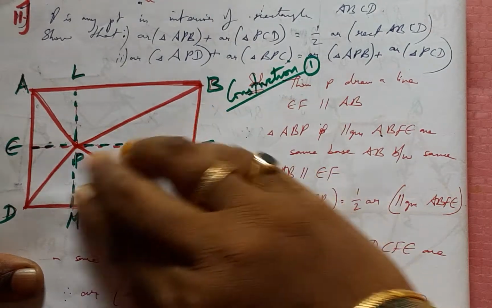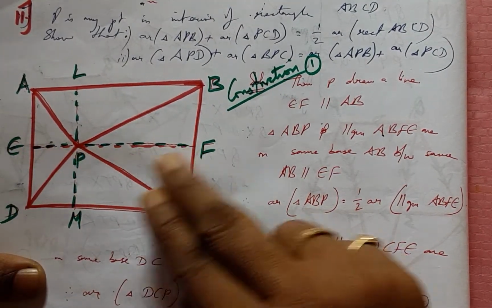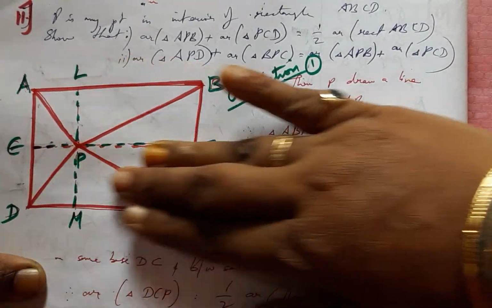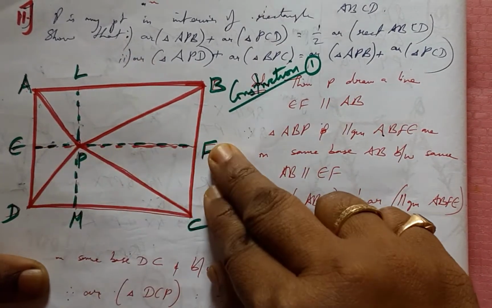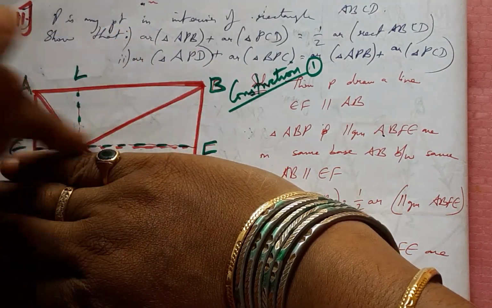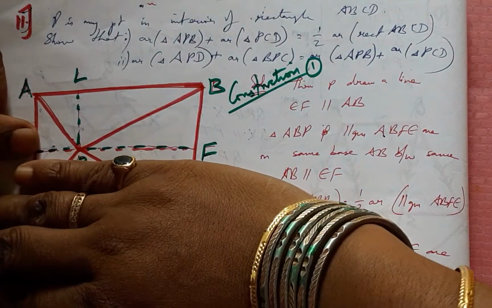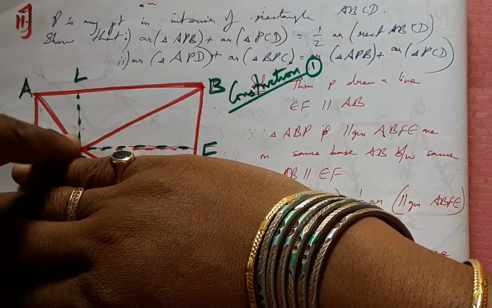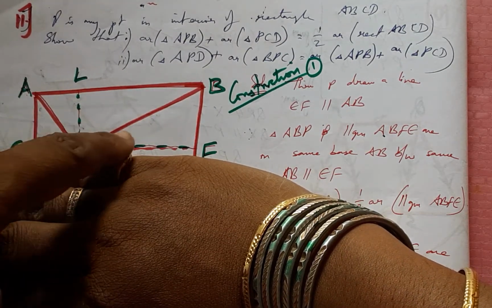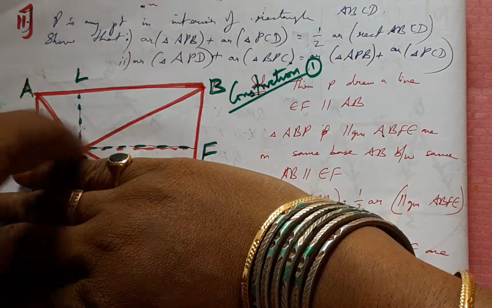Now by construction we draw a line here, EF, parallel to AB as well as DC, just drawing a construction EF. By that we have a parallelogram here and a parallelogram here, two rectangles, and now I am dealing with this rectangle and this triangle, and therefore this triangle will be half of the area of this rectangle.